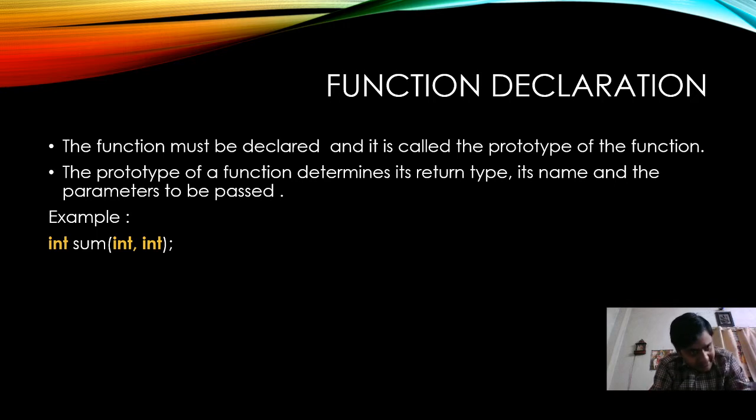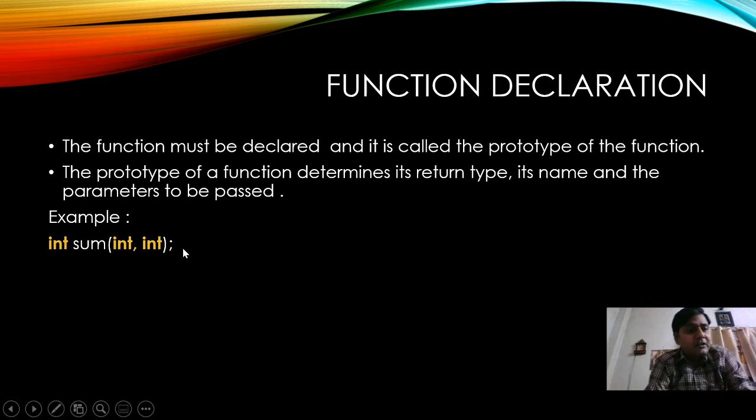So the return type is not necessarily int, it can be void, float, or character. Depending on what my function is doing, I will declare the function in a manner that its prototype matches its return type.